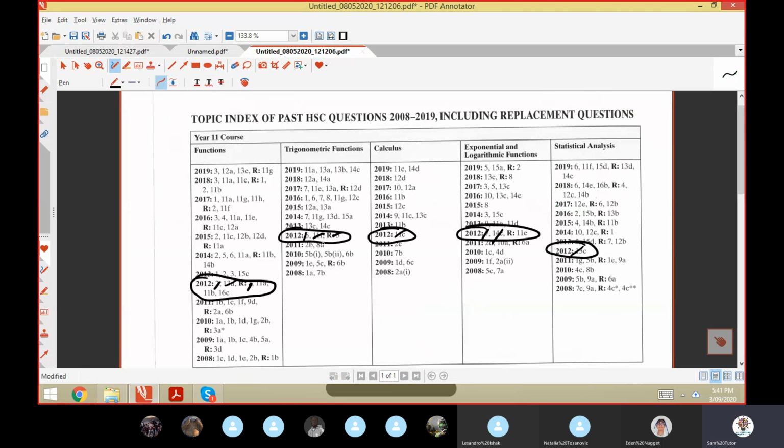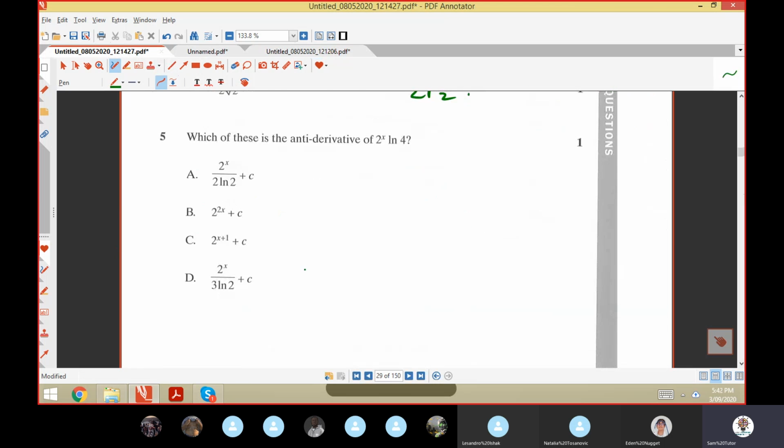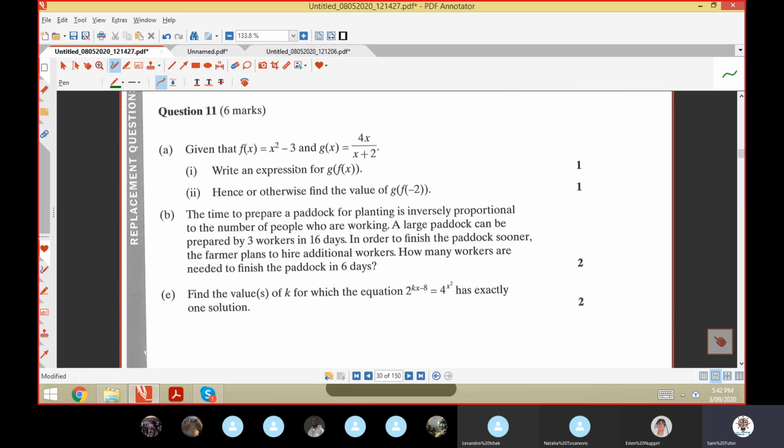Those ones are done. We're up to 11E, B, and 16C. Anyways, 11B. Oh wait, A can be asked. I think I made a mistake there. A should have been.